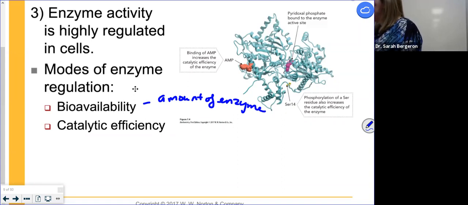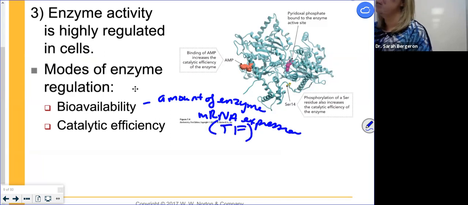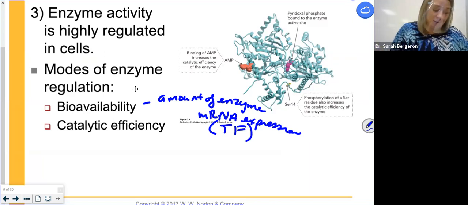So you're going to look at, we'll say, mRNA expression. This is through transcription factors. Now that's great. That's how much protein we're making.